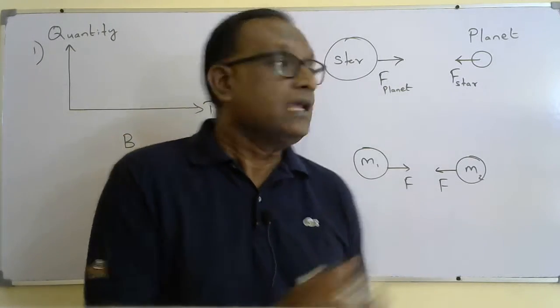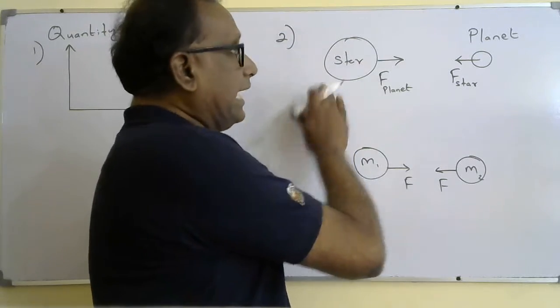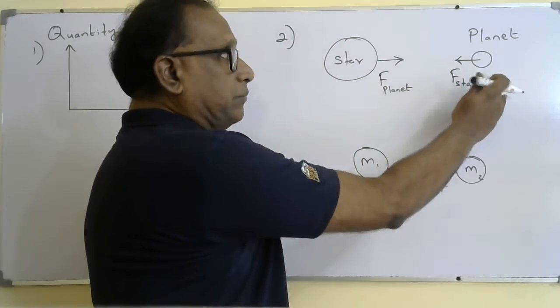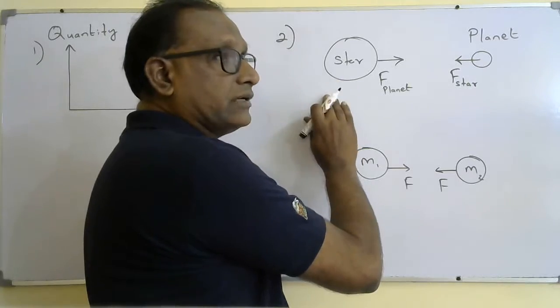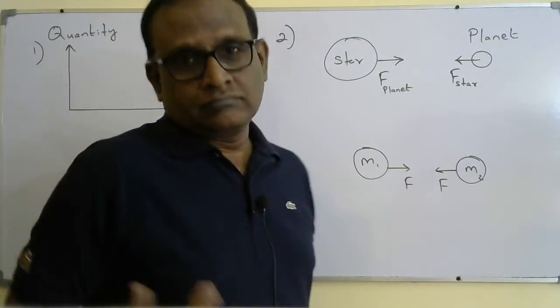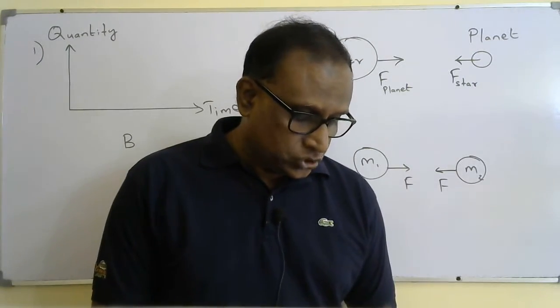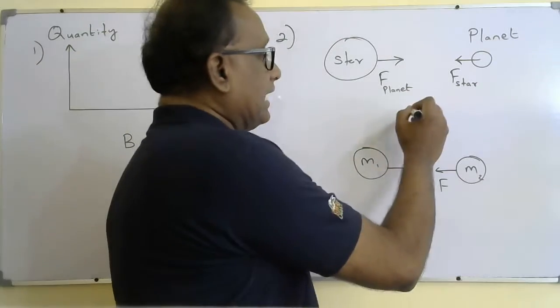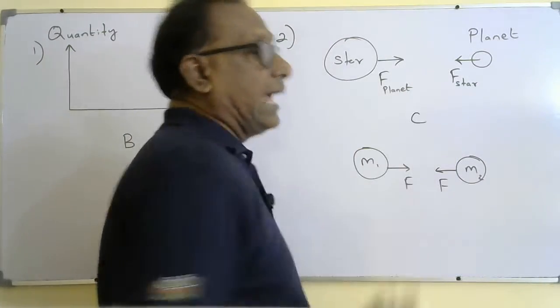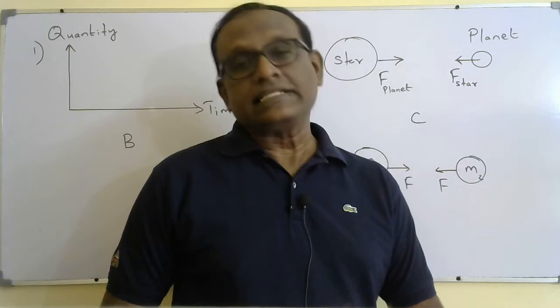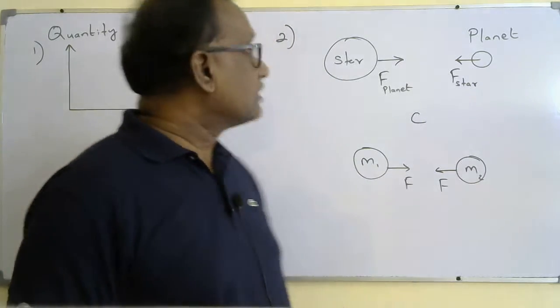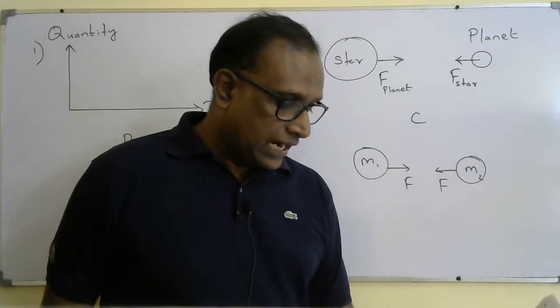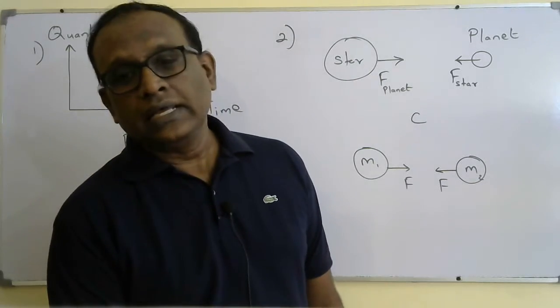When object A, I can call it star, exerts a force on object B, object B will exert the same magnitude of force on A in the opposite direction. So simple. So for question number 2, the correct answer is C. They will have the same magnitude and they will be in opposite directions to each other. That's the answer for question number 2.